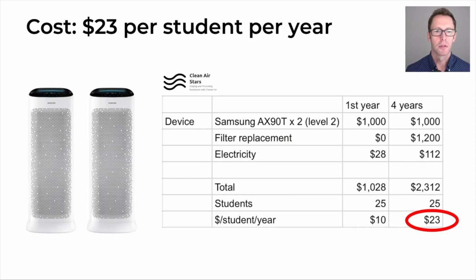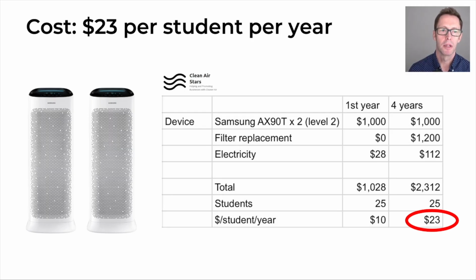One of the questions that comes up often about HEPA filters is what's the cost? And so Clean Air Stars actually did an analysis on this recently where they looked at the most commonly used HEPA filter in Australian schools, which is the Samsung AX90. For a typical classroom, 2 of these would be required.